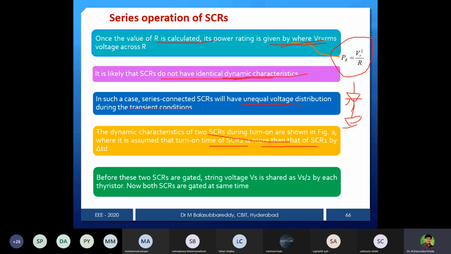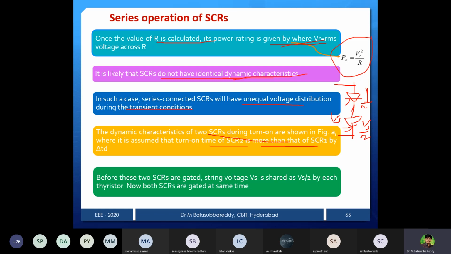What we can observe is that this is Vs by 2 and this is Vs by 2. Total string voltage is Vs. In that Vs, this will give Vs by 2 and this will give Vs by 2. Let's consider the total string voltage is Vs. It is sharing equally: this one is Vs by 2 and this one is Vs by 2 before turning on the device.